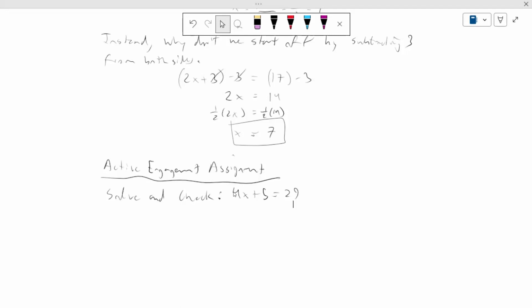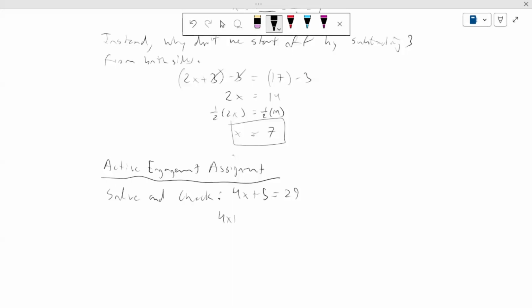Where to put it? How about right there? All right. So now let's solve this together. We have 4x plus 5 equal to 29, right? And like I was saying before in my suggestions above, it's usually better to do subtraction before division, right? Usually, not always the case. So I'll subtract 5 on both sides.